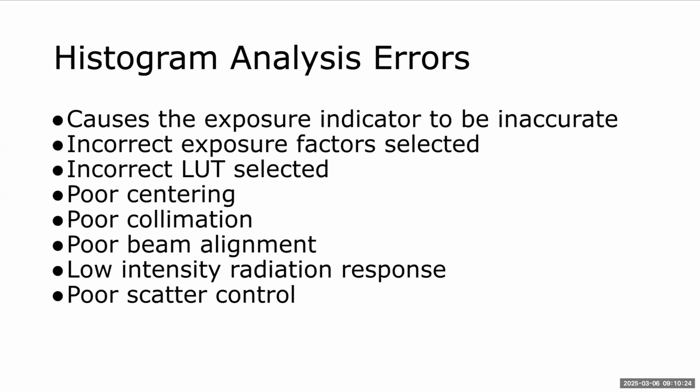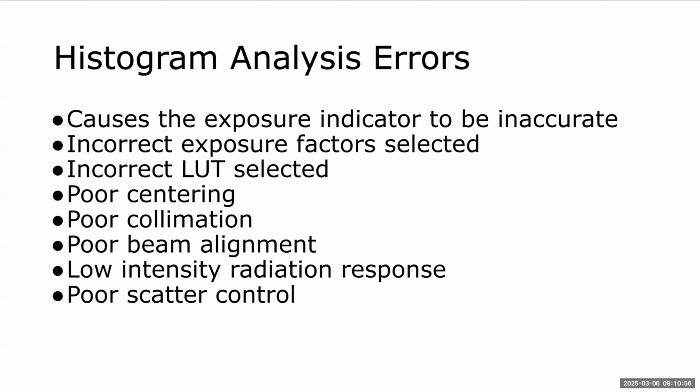Histogram analysis errors can occur, and when that happens, the exposure indicator might be inaccurate. It can happen when incorrect exposure factors are used or the wrong lookup table is selected. It can also happen if your centering is poor, if you have poor collimation or poor beam alignment, or if you have a low intensity radiation response, meaning you didn't use enough mass to get a good response from the image receptor.